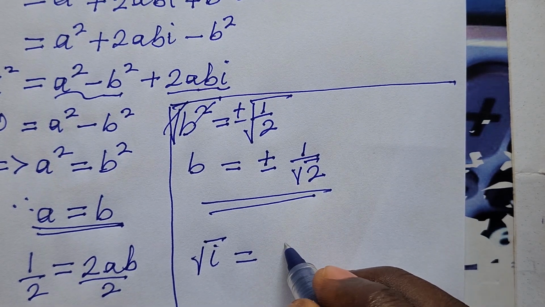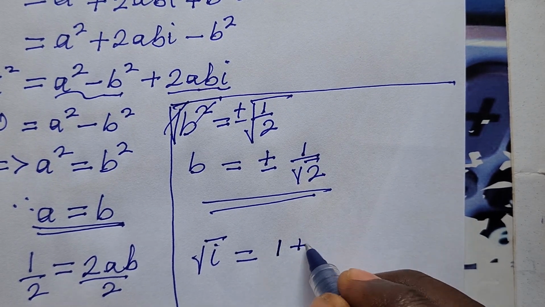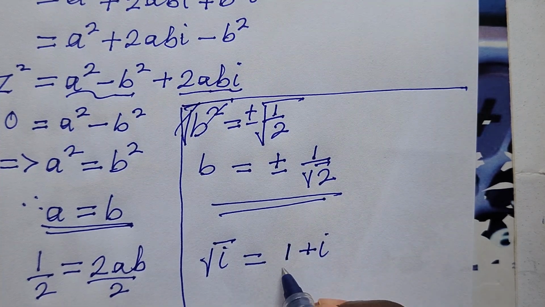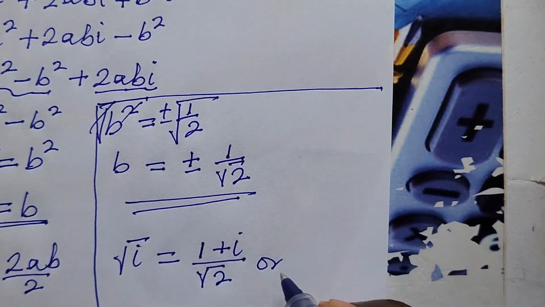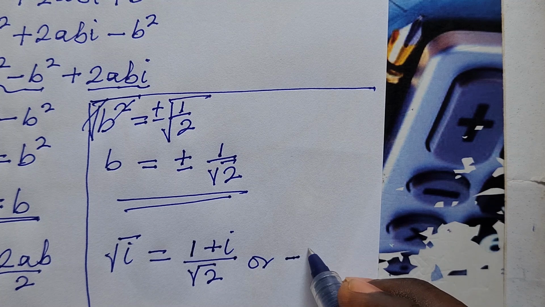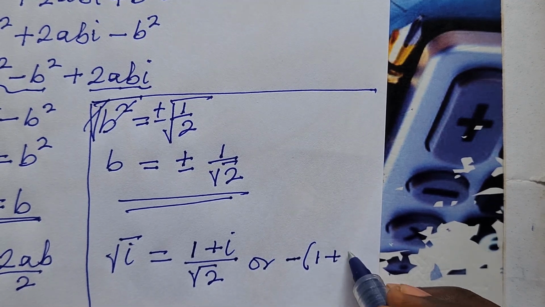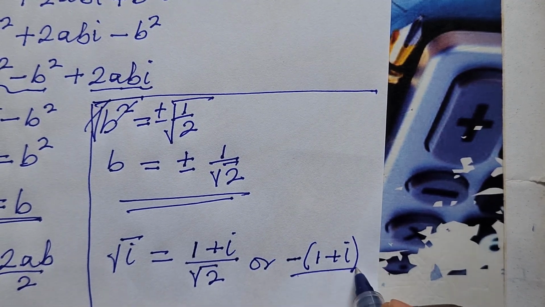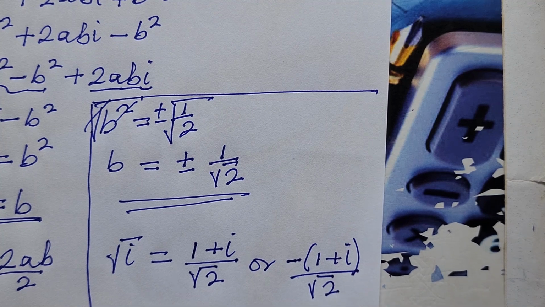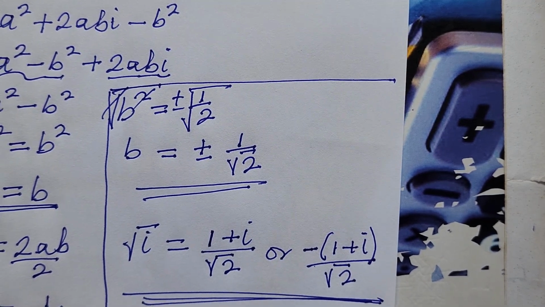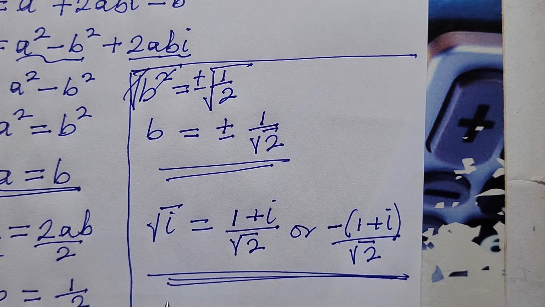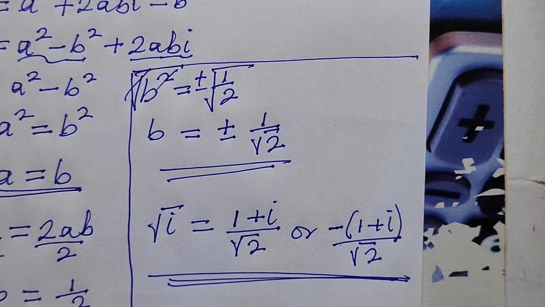It's going to give us either 1 plus i all over the square root of 2, or we have minus (1 plus i) all over the square root of 2. So this gives the value of the square root of i.